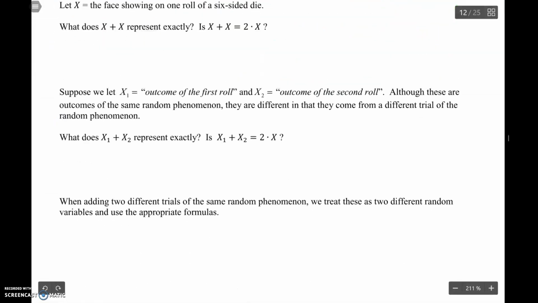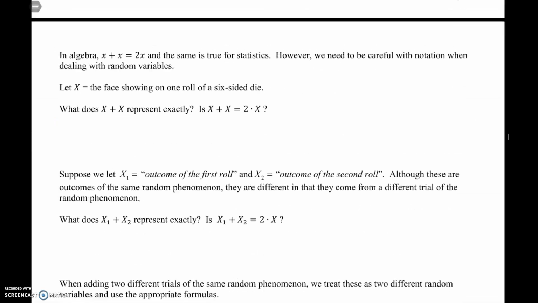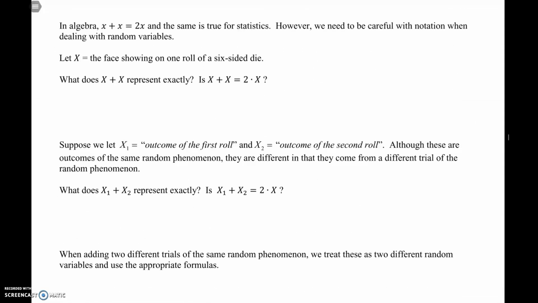All right, so this is a little bit strange, but just to get you thinking a little bit, in algebra, x plus x is equal to 2x, and of course the same is true in statistics. It's always true. However, we need to be careful with notation when we're dealing with random variables. If we let x equal the face showing on a single roll of a random die, what does x plus x represent?